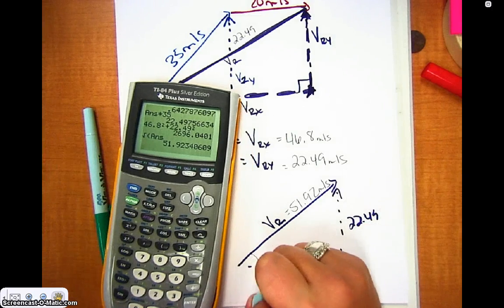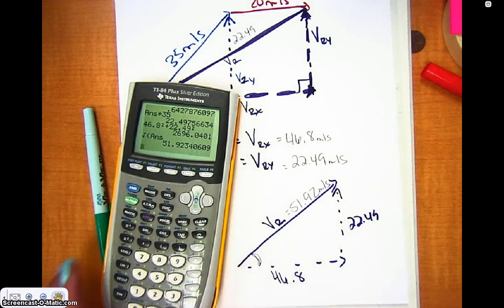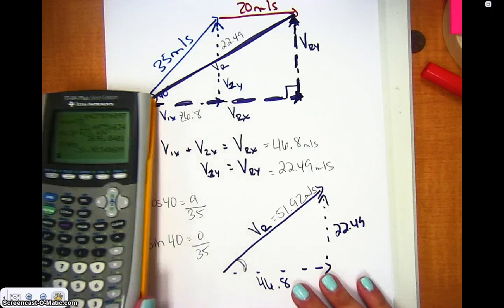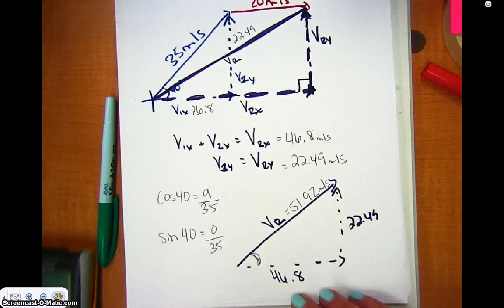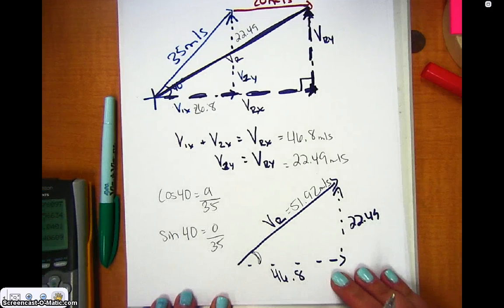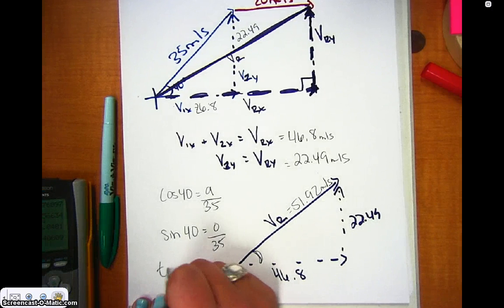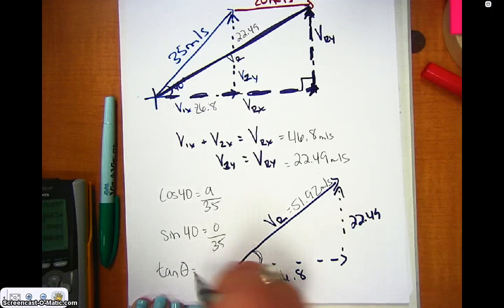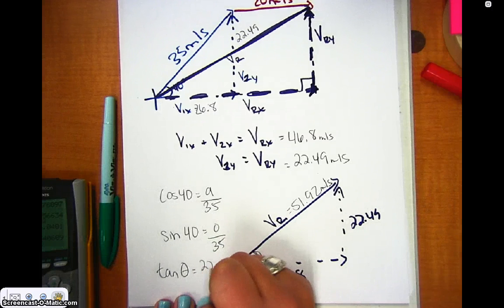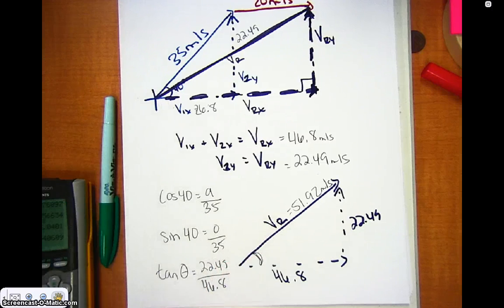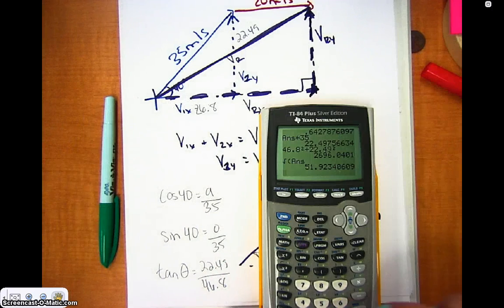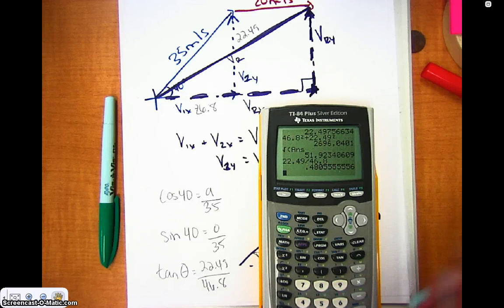But I also want to describe the angle somehow, and I'm going to choose that one. Now that I have my hypotenuse, I could really use any trig function, but let's just use tangent. The tangent of that angle is equal to opposite, 22.49, over 46.8. So 22.49 divided by 46.8, and I get this decimal.